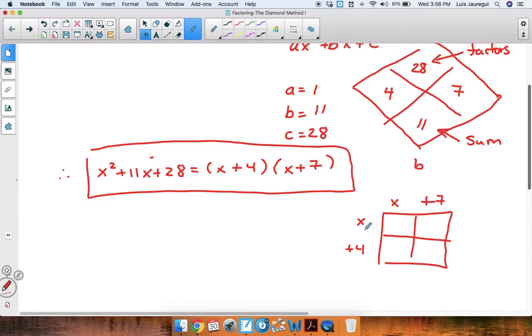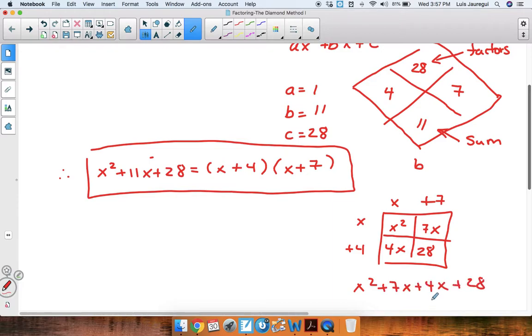If you multiply out things in this particular order, we get x times x will give you x squared, x times 7 will give you 7x, 4 times x will give you the 4x, and 4 times 7 will give you the 28. So really what we have is x squared plus 7x plus 4x plus 28.